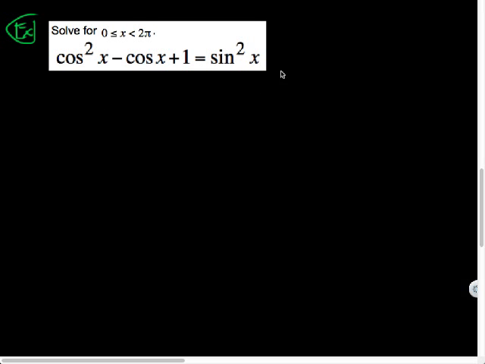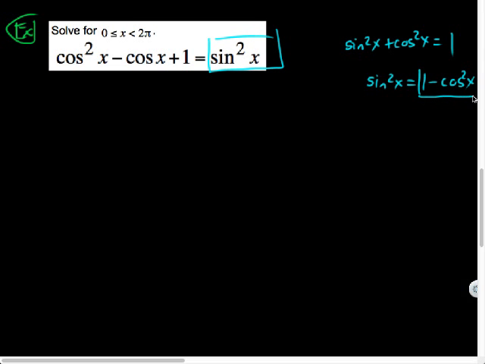You might realize that sine squared x plus cos squared x is equal to 1. So sine squared x is equal to 1 minus cos squared x. So I'm going to replace the sine squared x with 1 minus cos squared x using a modified Pythag.